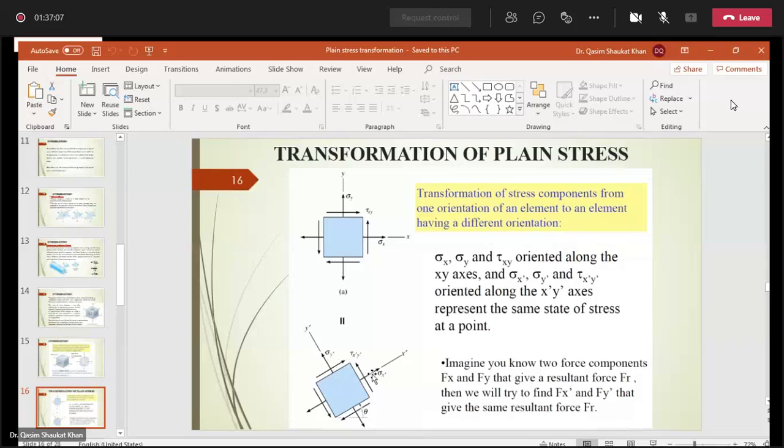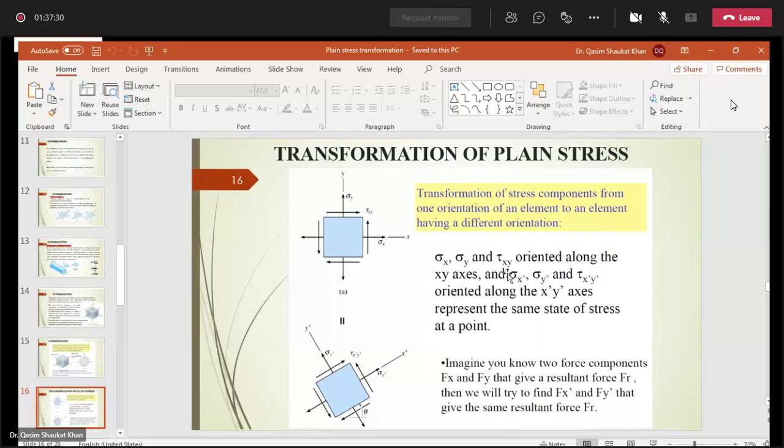Now the transformed normal stresses acting on the transformed axes are sigma x dash and sigma y dash, and the transformed shear stress is tau x dash y dash.